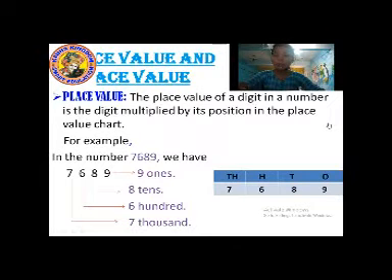And the place value of 6 in the number 7689 is 600, because 6 is in the place of 100. The place value of 7 in the number 7689 is 7000, because 7 is in the place of 1000 in a place value chart.